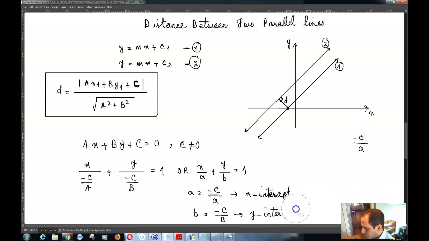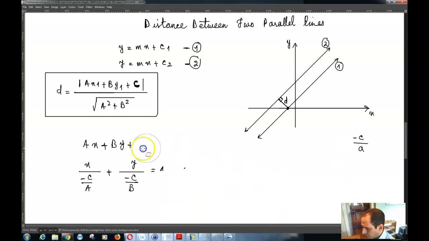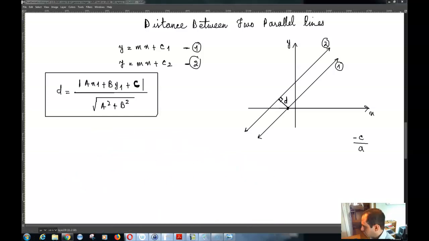So now I'm going to use this in this situation in order to find the coordinates of this point. And of course you know that the y coordinate of this point is 0. The x coordinate of this point is negative c by a in this equation, because this equation is related to this line.